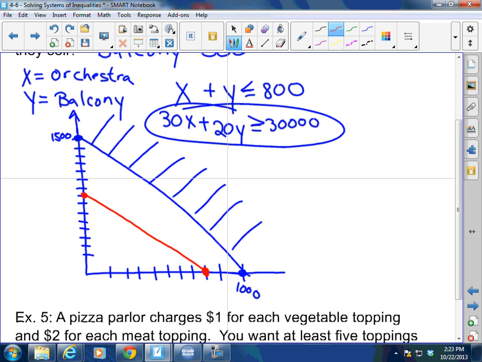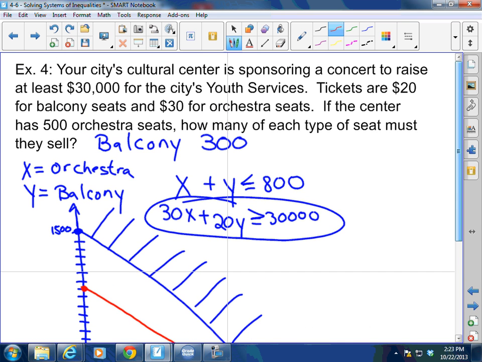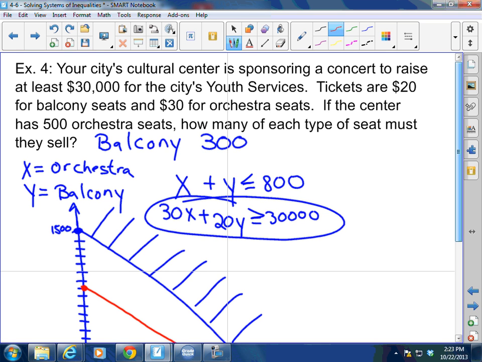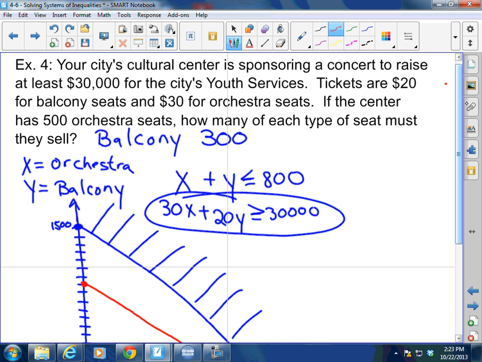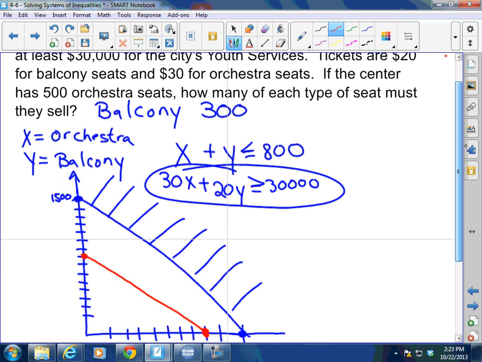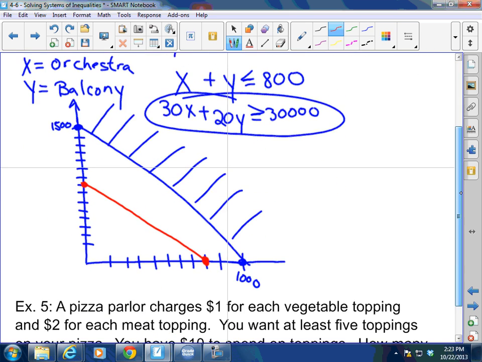And then this is less than. Wait, I did something wrong here. What did I do wrong here? I want to make at least, that's greater than or equal to. And then my tickets are 20 and 30. Yeah, I got that. And I got a shade less than.